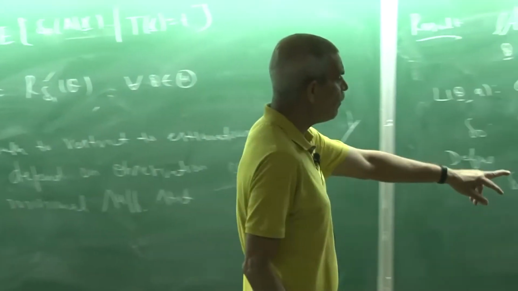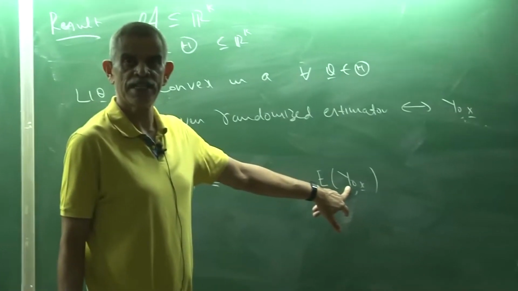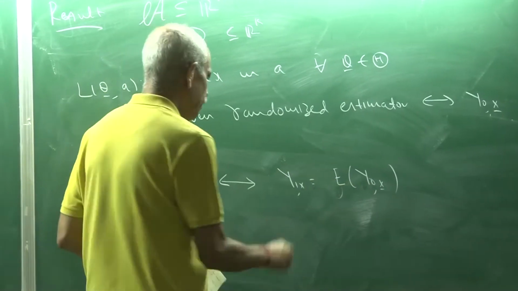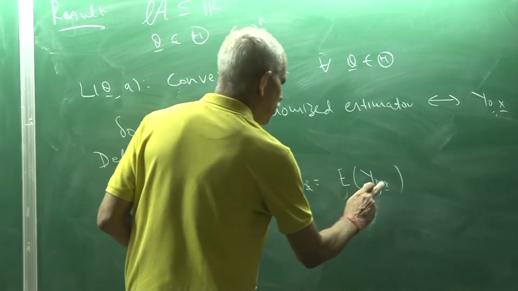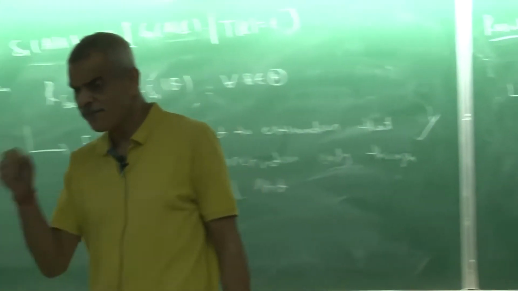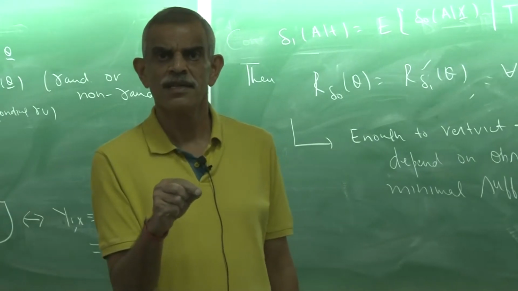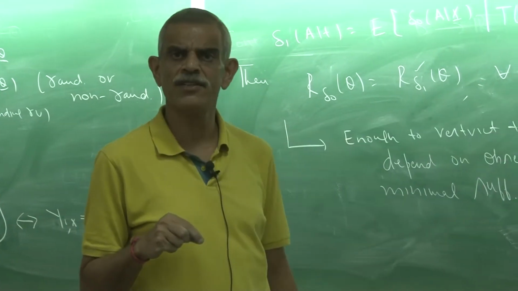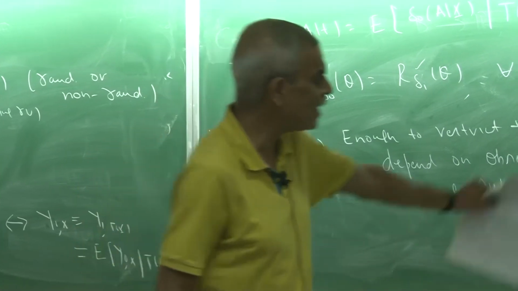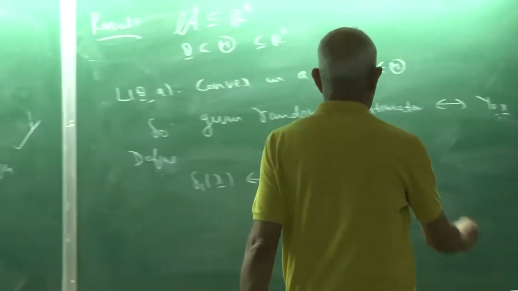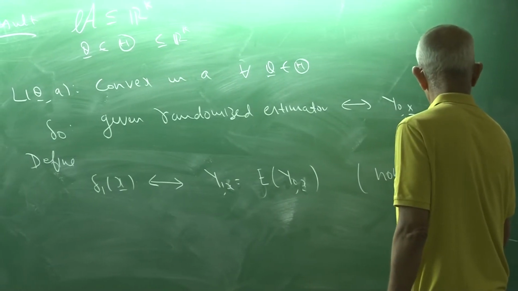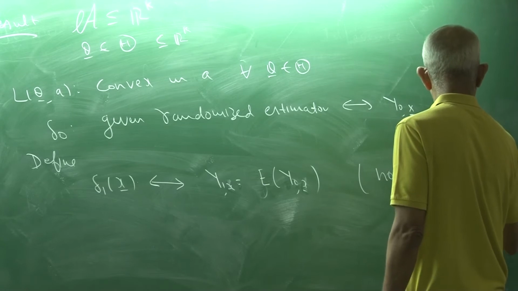So, note that my Y 1 of x is the expected value of Y naught of x. So, that means for given x, let me write Y 1 for the small x, the observed value of x. This is the mean of Y naught of x. So, it says after x has been observed, whatever randomization was done through Y naught of x, I do not consider that, I only take the mean value of that. So, in that sense, this is a non-randomized estimator.